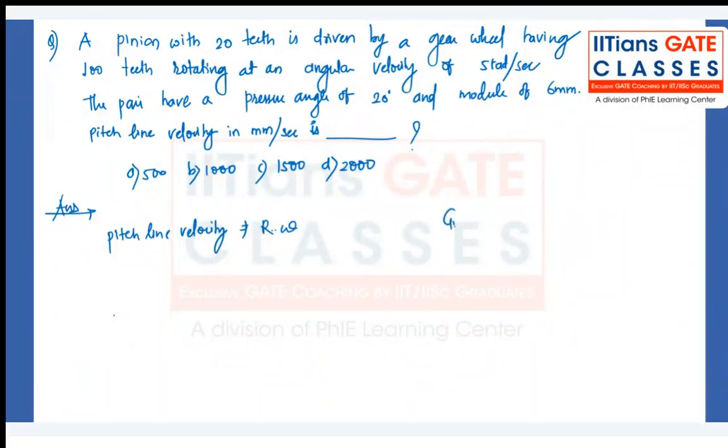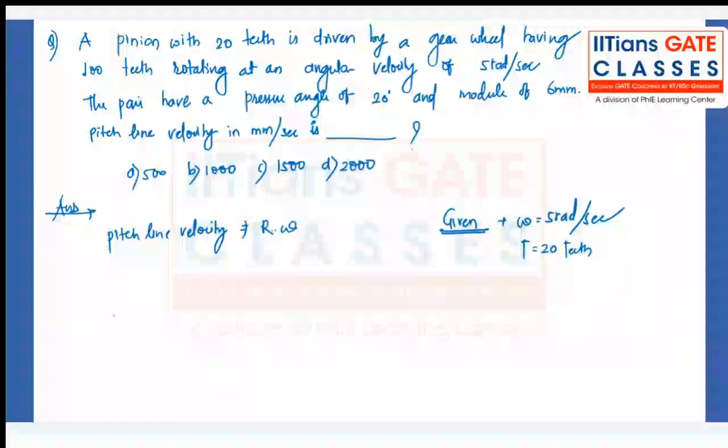Omega is already given to you. So what is the given data? Given data is omega, which is 5 radian per second. Number of teeth on the pinion is 20. The gear has 100 teeth.